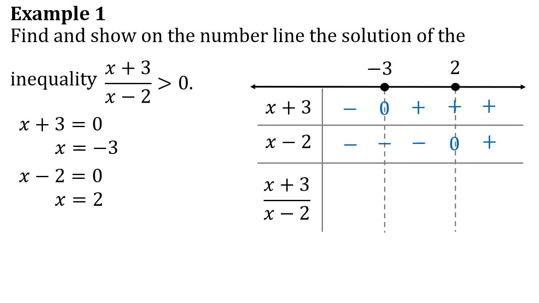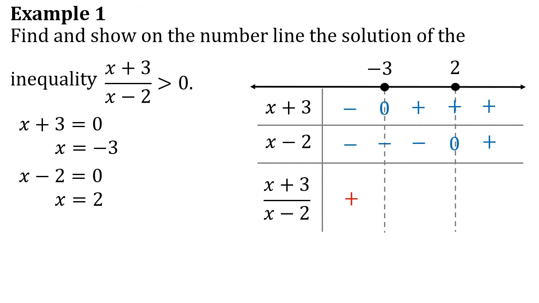Okay, and then we're going to divide the results, because we have here numerator divided by denominator. So let us divide the results. Look at the first column, negative, negative. Since from our given, we have x + 3 divided by x - 2, negative divided by negative is positive. Very good.